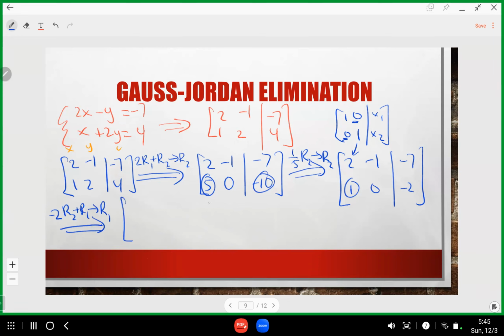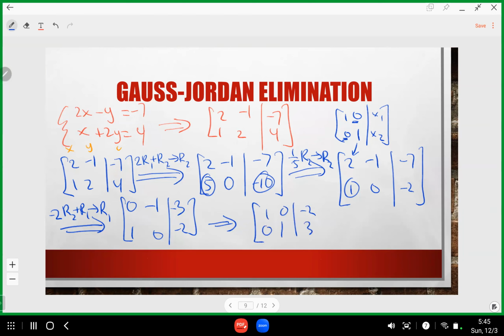Row 2, of course, remains unchanged, 1, 0, negative 2, but row 1 is going to be negative 2 times 1 plus 2 is equal to 0, and then this still is negative 1, and then negative 2 times negative 2 is 4, positive 4 plus negative 7 is negative 3.